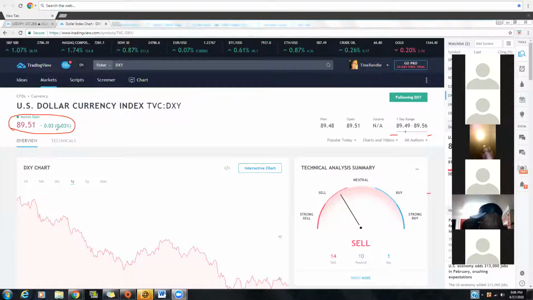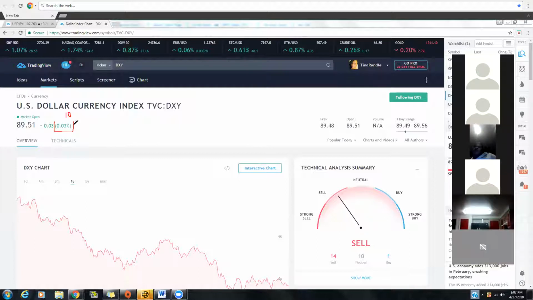Now, the most important part, once you have that information, is to make sure that your currency is in a strong or a weak position. So the dollar currently is at 3%. Once the dollar hits about 10%, and I apologize, it's hard to write with a mouse, that is going to let you know that the currency you're looking at is going to continue in that direction, or it's getting stronger.